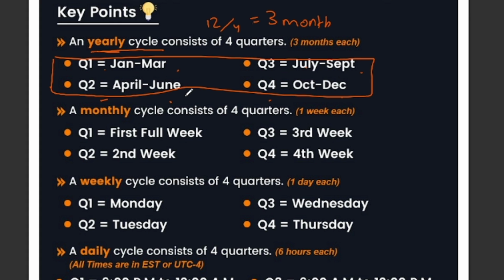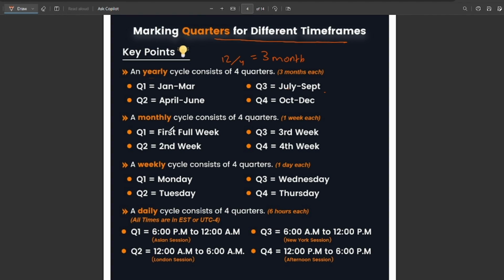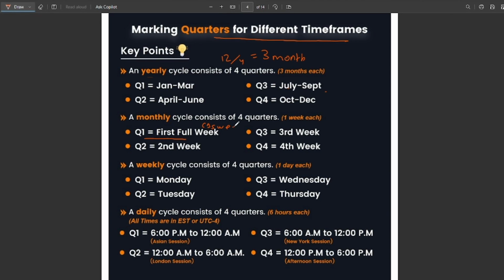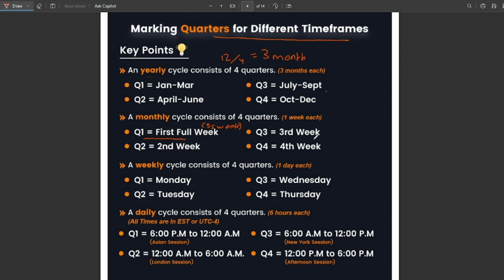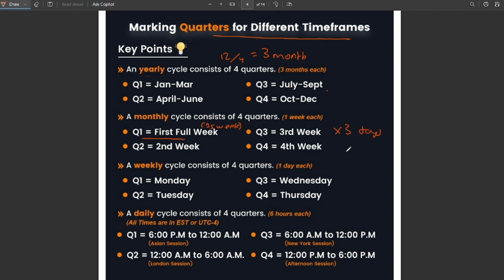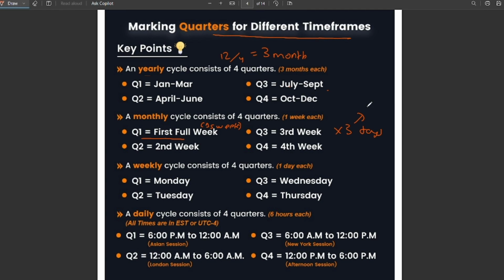We will study how these quarters are used, but first of all we will be looking at how to mark quarters at each time frame. For your monthly cycle, your first quarter will be the first full week that has 7 days. If a week has 3 days at the start of the month, this wouldn't be considered and would be called distortion.